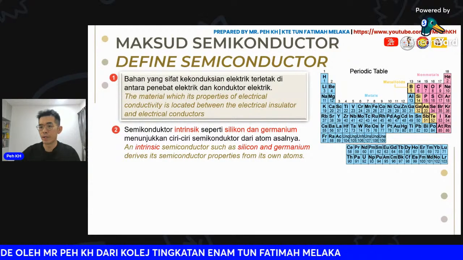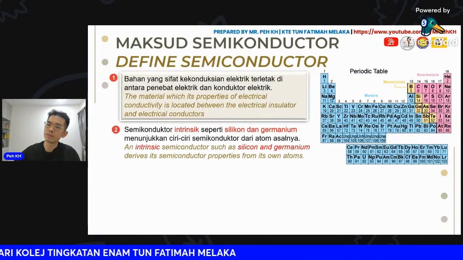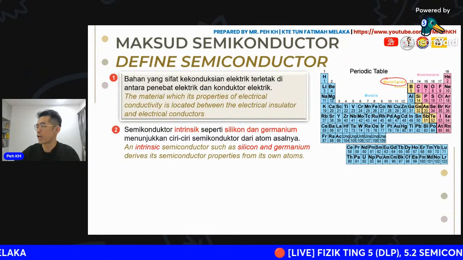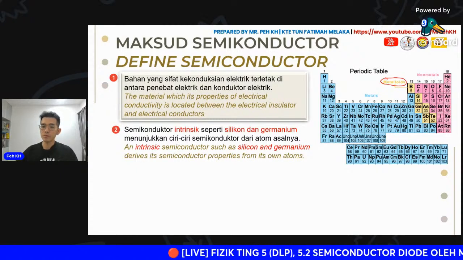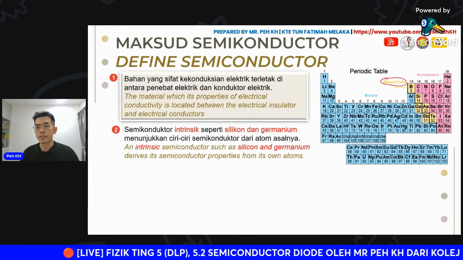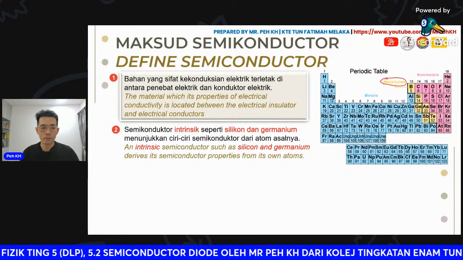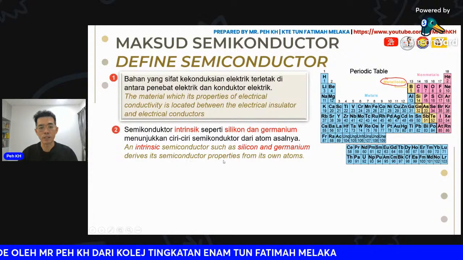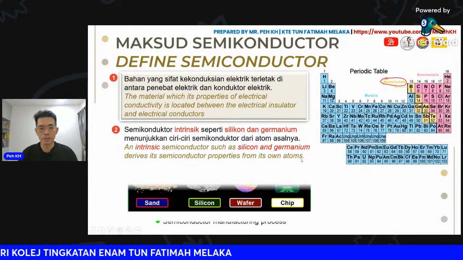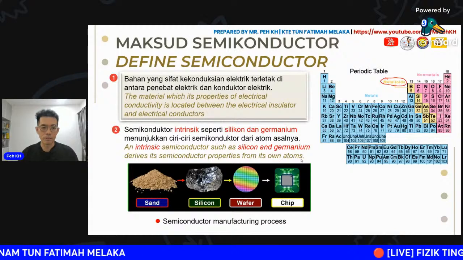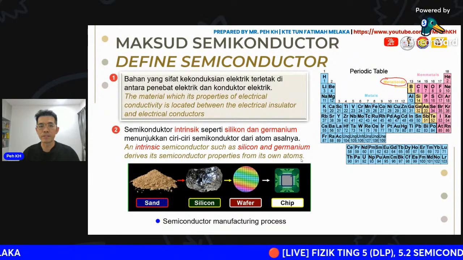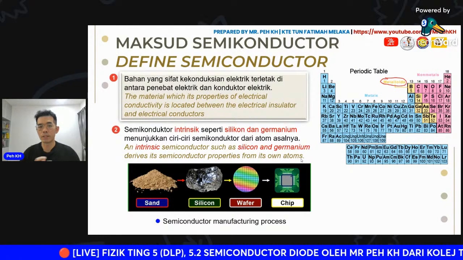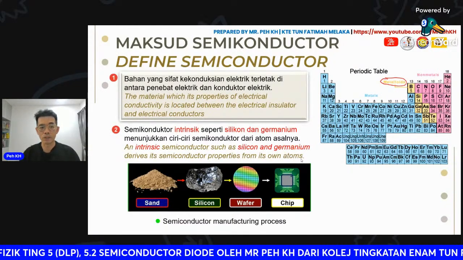Besides that, looking at the periodic table, the metalloids with yellow color are also other examples of semiconductors. Silicon and germanium derive their semiconductor properties from their own atoms. As mentioned, the property we emphasize today is the conductivity of electricity, which is between the insulator and conductor.